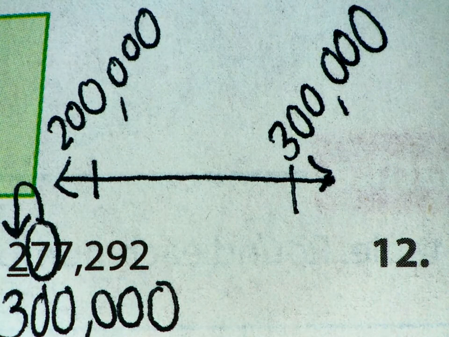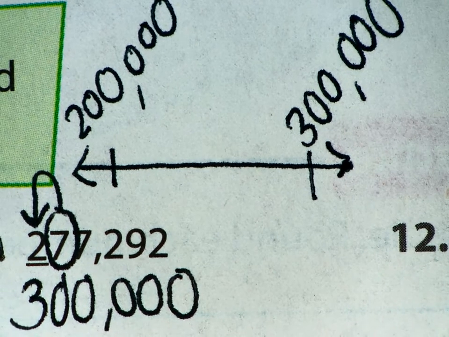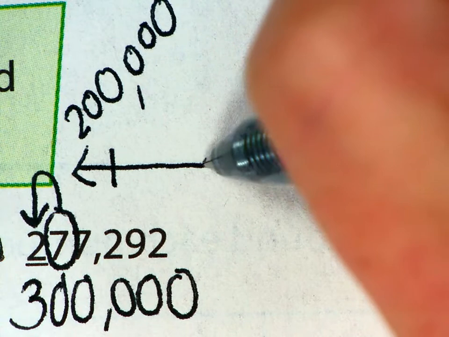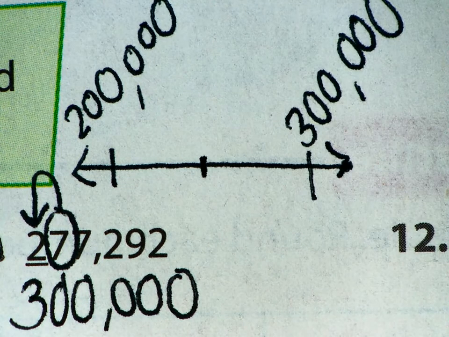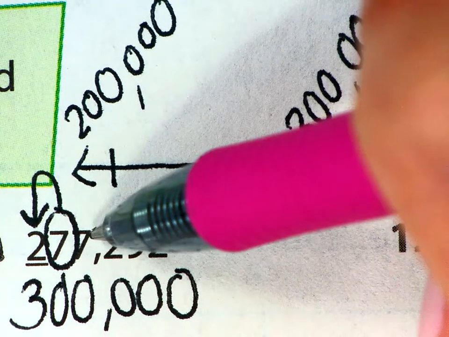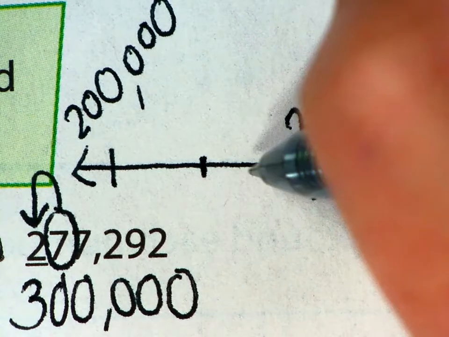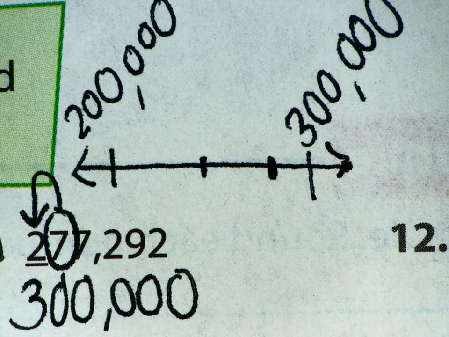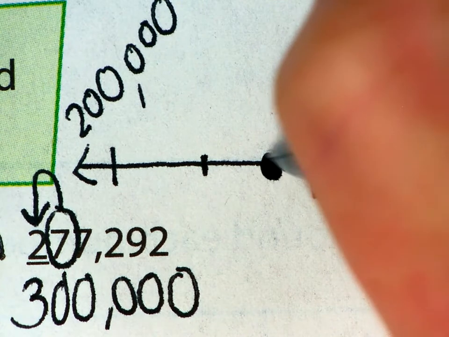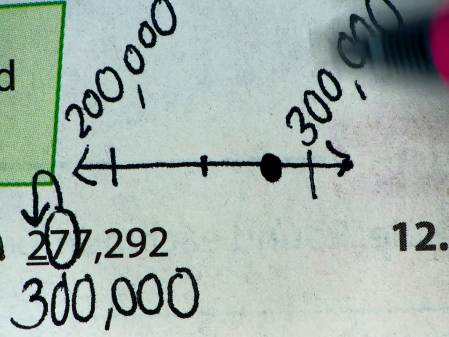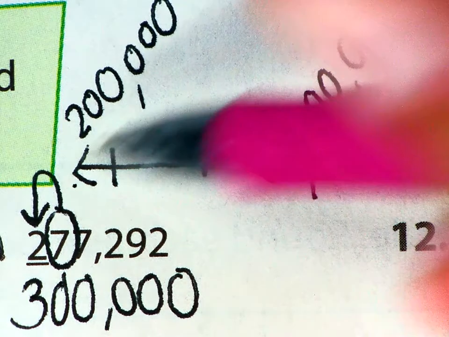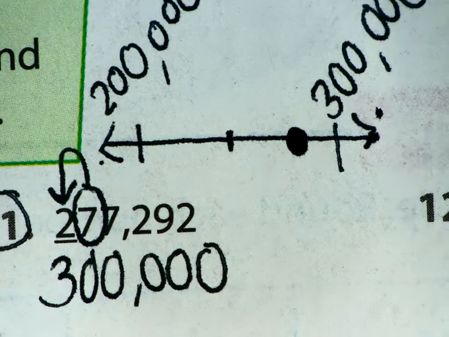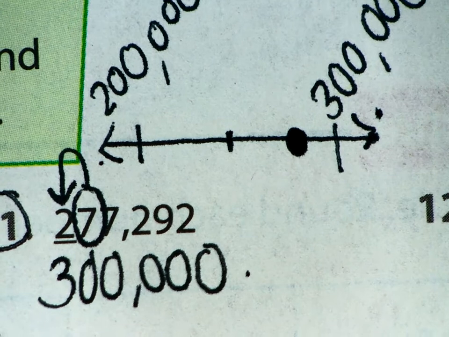It's asking you which one is that closer to. Well, 250,000 would be like right in the middle. And so 277,000 is going to be like right around in here somewhere. So I would say that this dot is closer to 300,000 than 200,000 on a number line. And that's exactly what you got going through those steps.